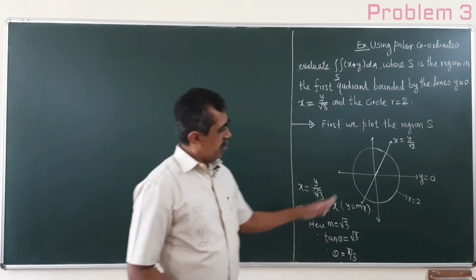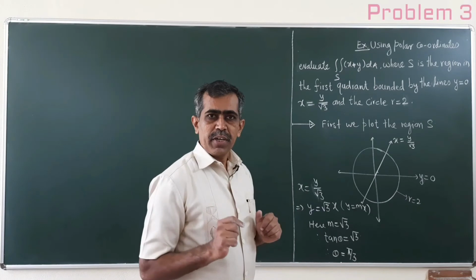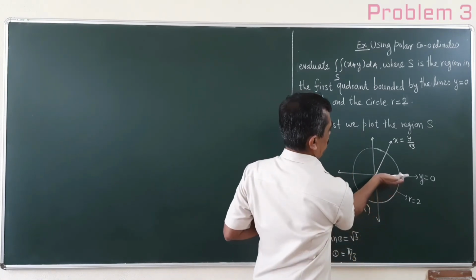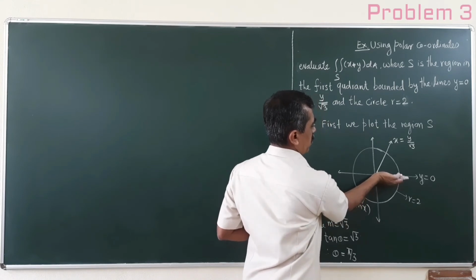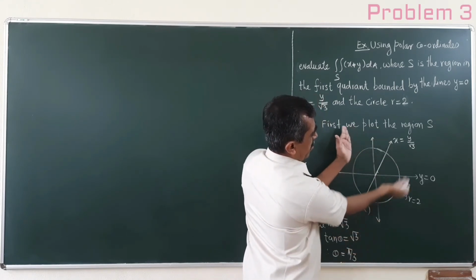Now, once you plot this line, let us see what the domain of integration is. What is S here? S is the region bounded by y is equal to 0, then this line, in between these two, and the circle.